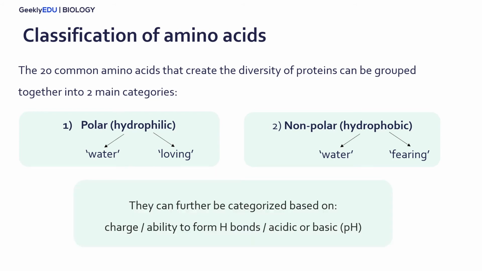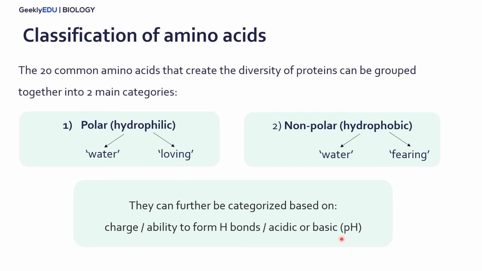And then on top of this, the 20 amino acids can be further categorized based on characteristics such as their charge, so if they're positively or negatively charged, their ability to form hydrogen bonds, and whether they are acidic or basic, so based on their pH.